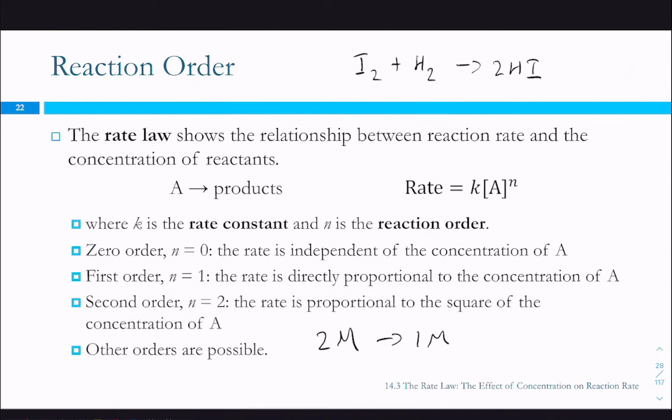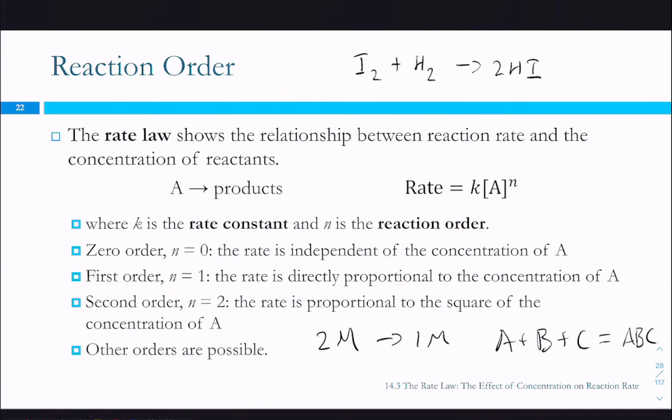Why do you think it would be really unlikely to have a third order reaction? What would have to happen in a third order reaction? You can write it out. Yeah. You have to have A plus B plus C to make ABC.